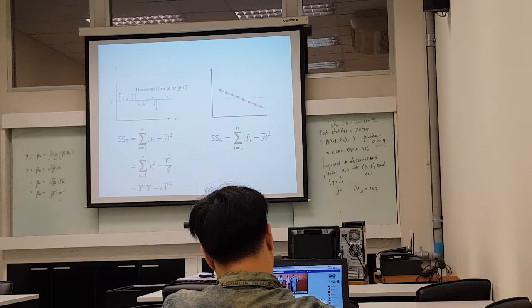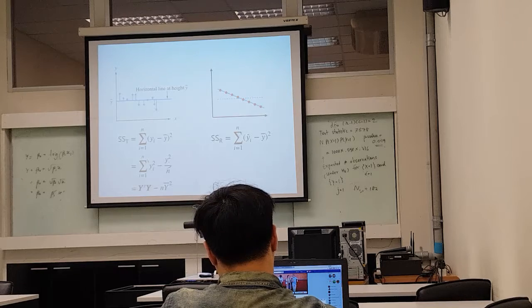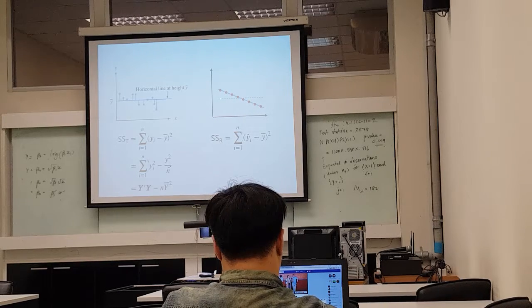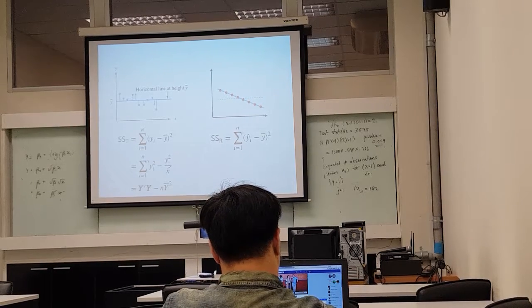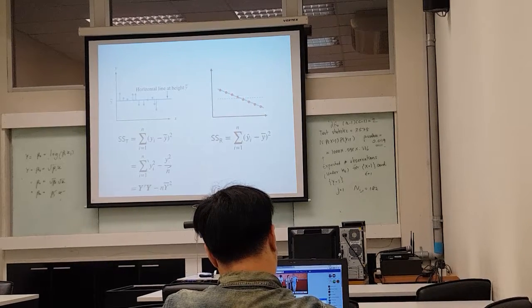Suppose this is your data, this is your yi, and this is your y bar, the average. The total sum of square measures the deviation of your data around the mean. Regression sum of square measures the deviation of your fitted model around the mean.